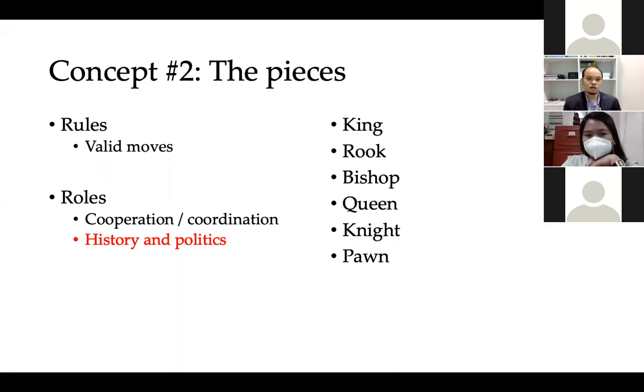Okay, and the titles are important because it's good to note that the piece called bishop, it's not called bishop in the earlier days of chess many centuries ago. In fact, in other countries like Russia, the translation for the piece for bishop is not actually bishop, it's elephant. So now you have the horse, which is the knight.